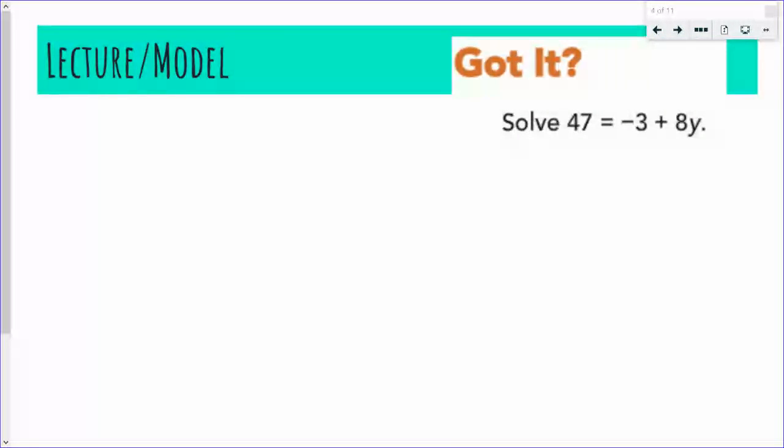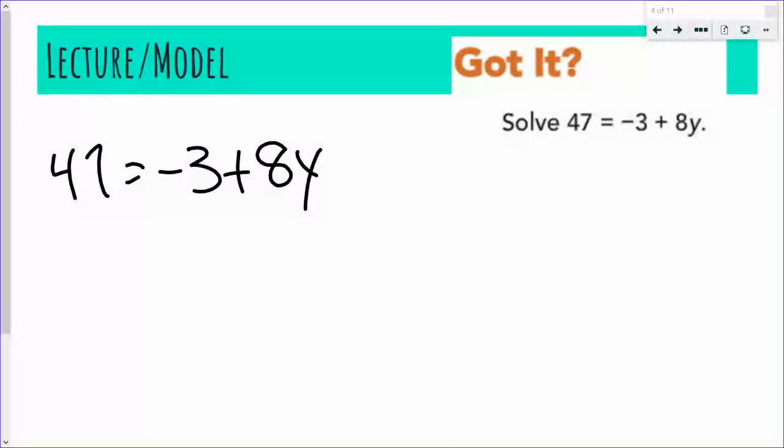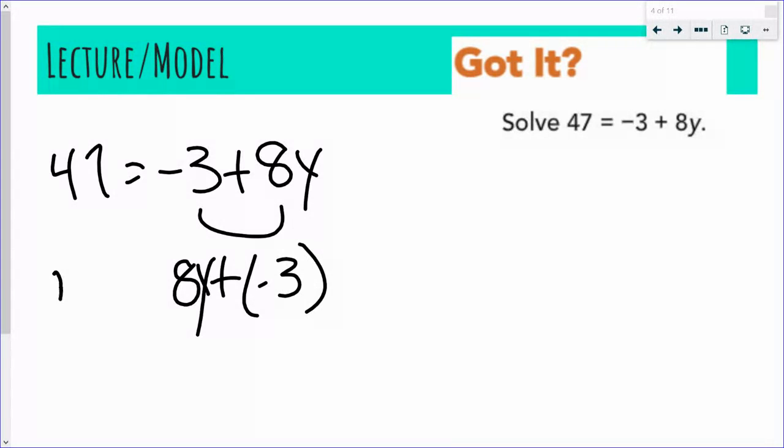All right, let's look at 47 equals -3 plus 8y. First thing I'm going to do is reorder these terms so it looks a little more clear. So this is going to actually be 8y plus -3.